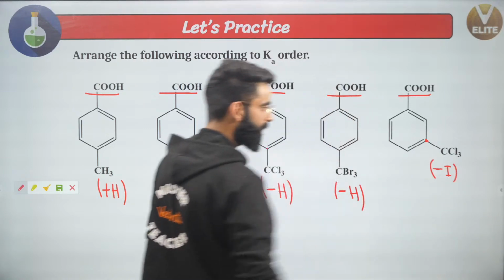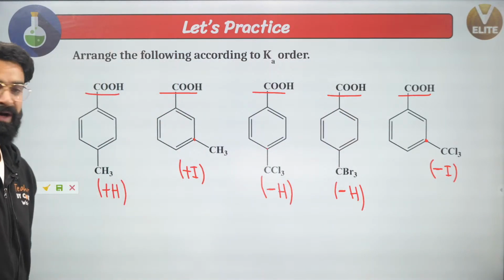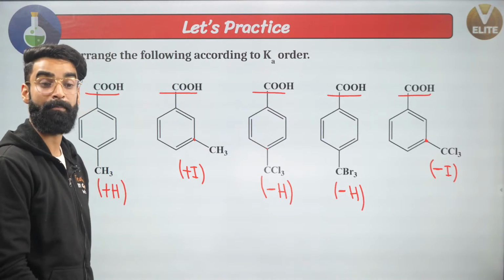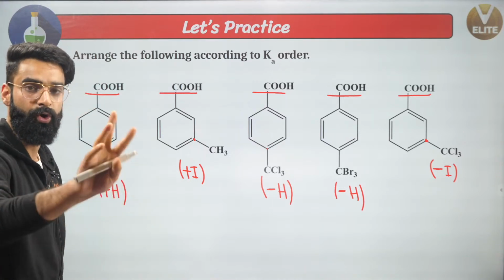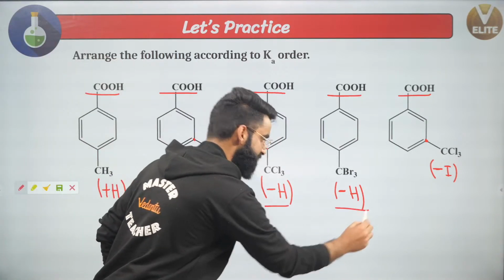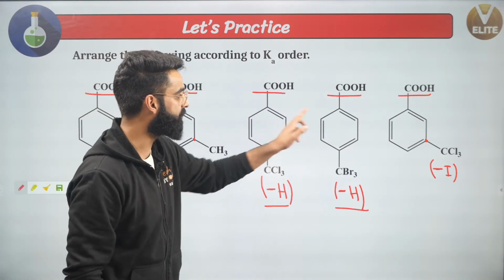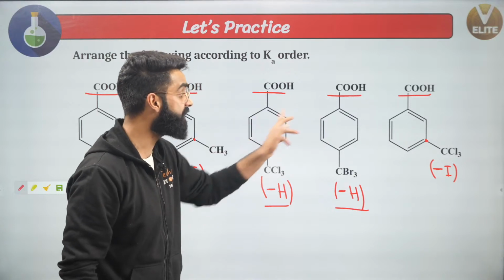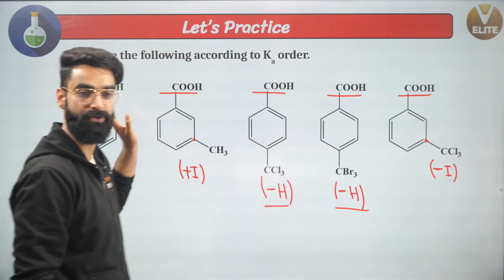As I told you a few minutes back, acidic strength is directly proportional to minus effect. So which one should I give the first priority? This is minus H, this is minus H, so these two are going to be the most acidic as compared to all.